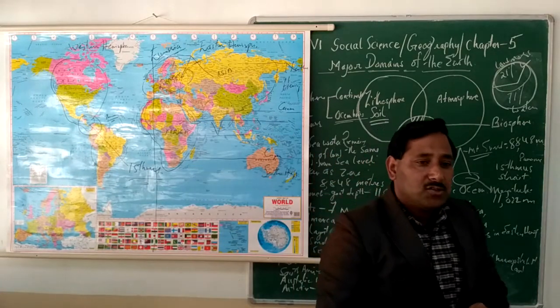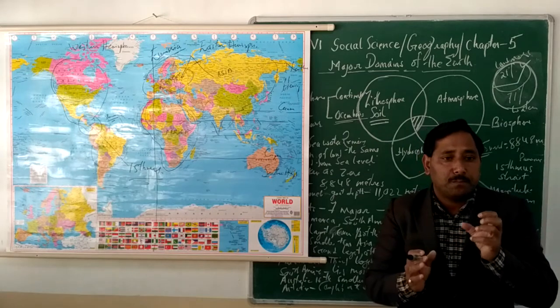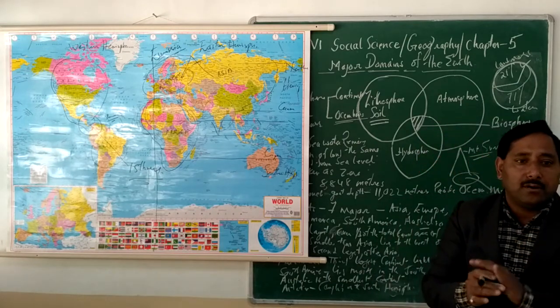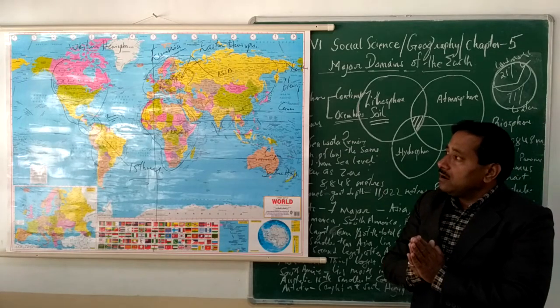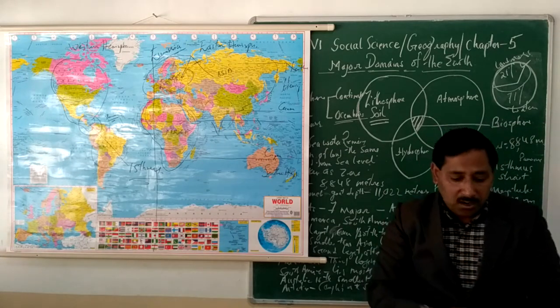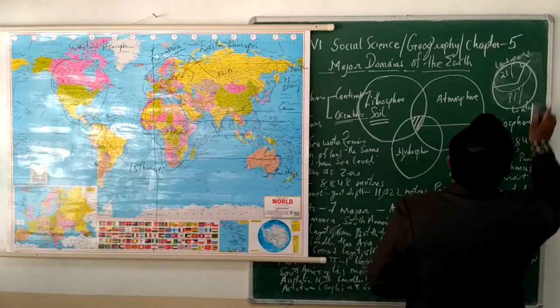So, you know now, an isthmus is a narrow strip of land joining two continents. Is it clear? Or shall I draw it over here? I can draw it for you.